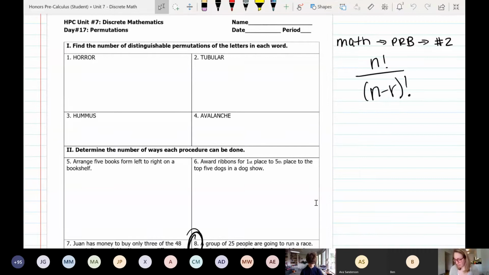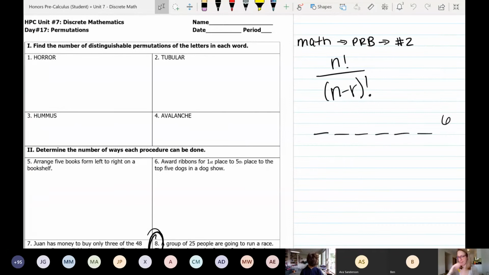Say you had, how many blanks did I just do? 1, 2, 3, 4, 5, 6. There are 6 blanks here. We'll say there's 6 dogs in a race. I'm not really sure. Who cares, right?